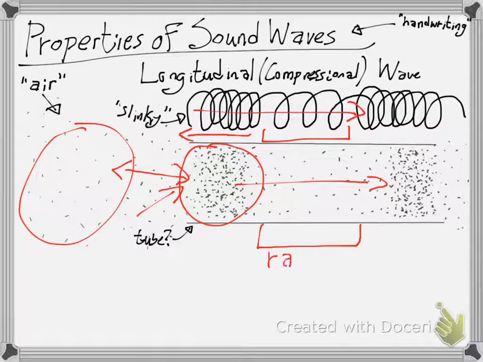So in a longitudinal or compressional wave, we alternate between normal areas, compressed areas, and rarefied areas. And rarefied just means, think of it as rare, right? Less air in that area. It's more spread out. So that's a rarefaction there in the middle. And on the sides here, we've got our two compressions.